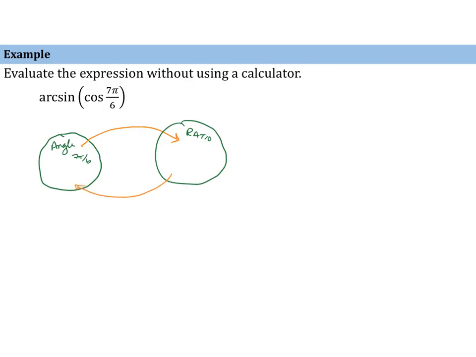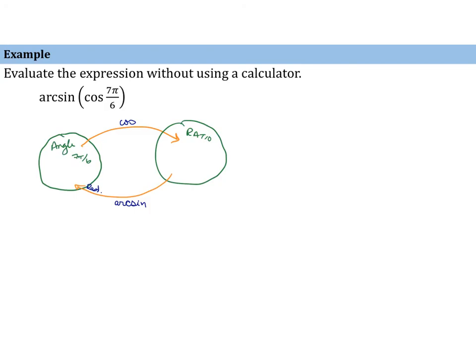So it doesn't make sense here to even think about undoing a function because we don't have that relationship between sine and cosine. So we move from our angle to our ratio by the cosine function, and we move back by the arc sine function. And we do so keeping in mind that there's a restriction.